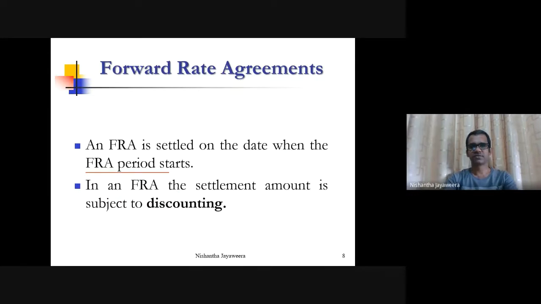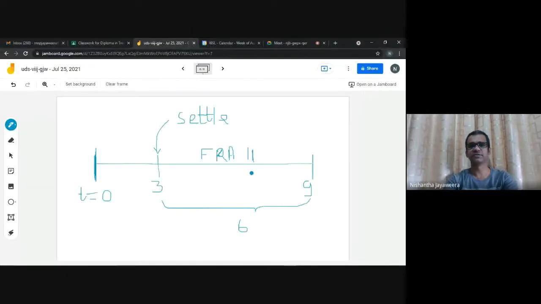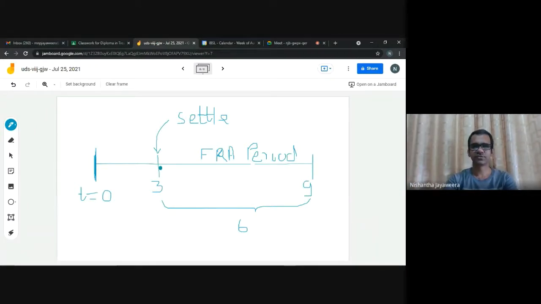So therefore, the settlement amount is subject to discount. We discount it. I'll explain what is that, why do we need to discount, how do we do that. So this 6 month is the FRA period.